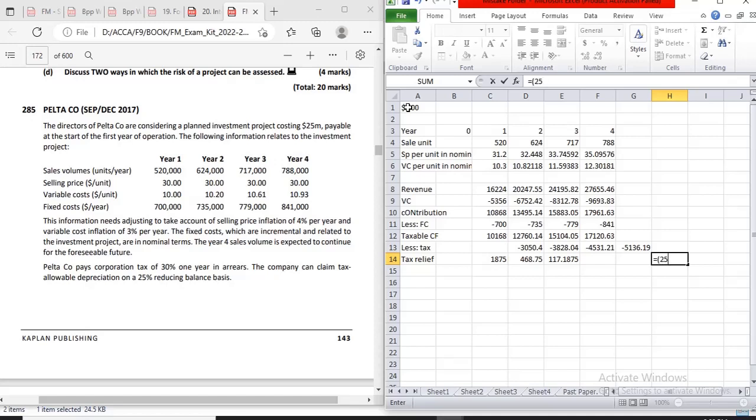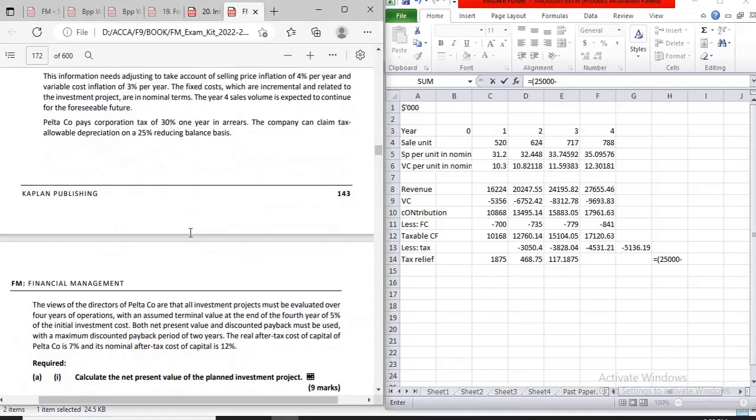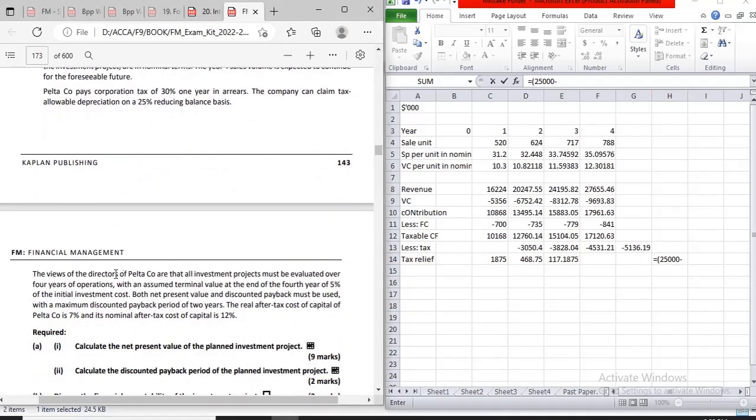So 25,000 is our initial cost, and just look for whether the residual value has been given or not. The view of the director of Pelta company is that all investment projects must be evaluated over 4 years of operation, with an assumed terminal value at the end of the fourth year of 5% of the initial investment cost. Here terminal value means the residual value.